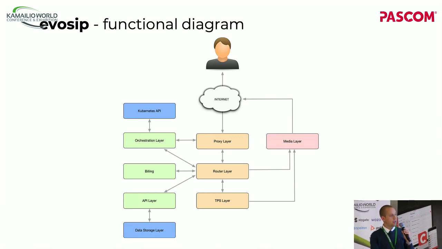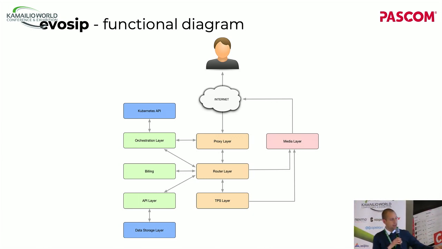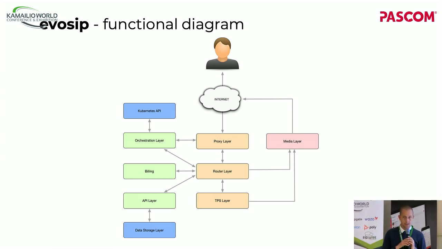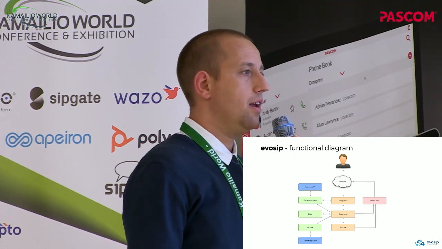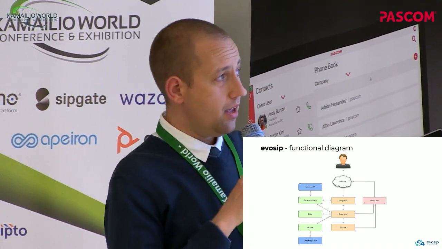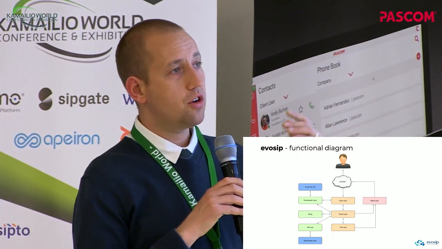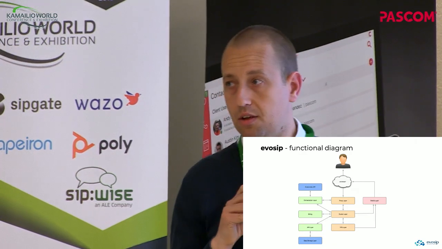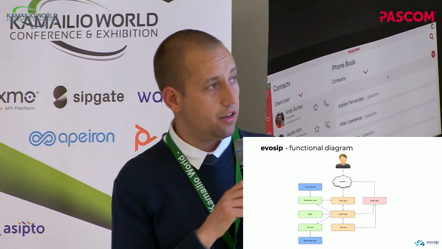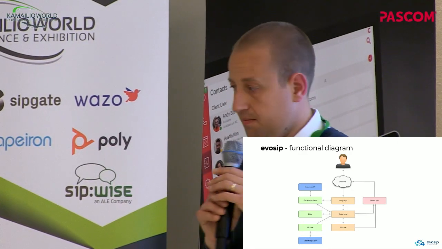Then we have the application layer, we name TPS, the media layer, and every stateful data that resides inside the data storage layer is handled by an API layer. Then we created a connection from the routing layer to our billing ecosystem. And every configuration and update is handled by an orchestration layer able to talk directly with the Kubernetes API and to deal with all the modules.